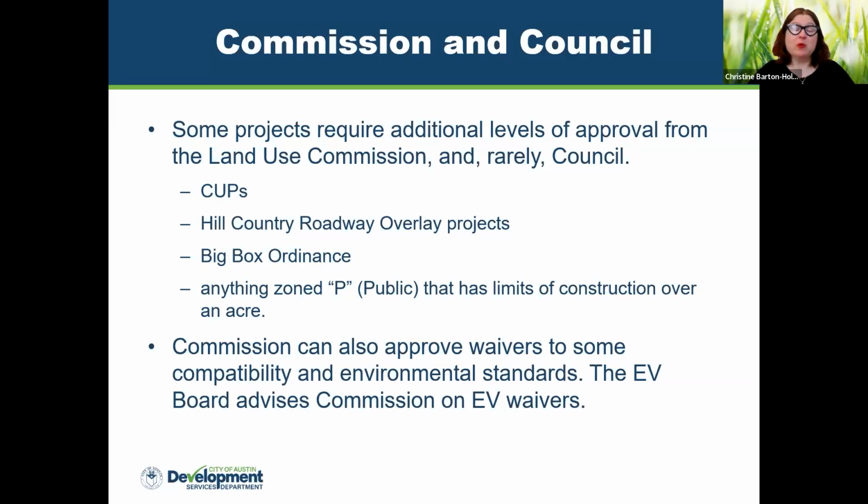So for example, the HEB at Slaughter and South Congress is over 100,000 square feet. So they went through the AB process to get their conditional use permit. And anything zoned P or public, which includes everything from pocket parks to major utility facilities, those all have to go to commission if they're over an acre.